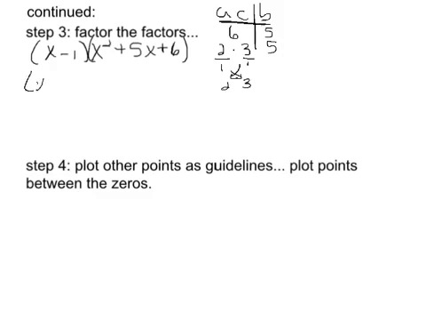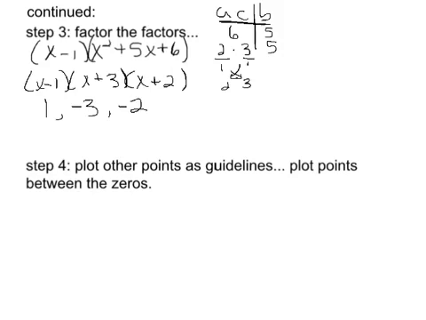I get x plus 3, x plus 2. So our zeros are 1, -3, and -2. Okay? Those are where your polynomial crosses the x-axis.